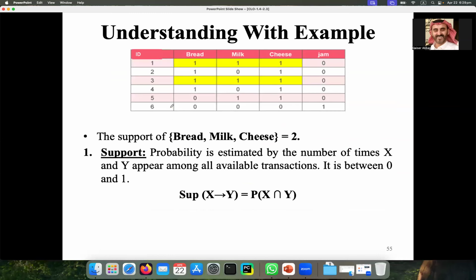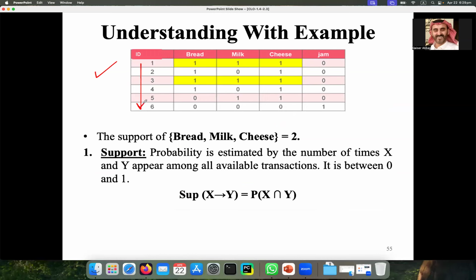Now let's start this example. This is not the proper one, but anyhow, let's see it. To understand this example, we have this data. Here we have bread, milk, cheese, and jam, and the IDs for the transactions are 1, 2, 3, 4, 5, 6. These are the transactions.